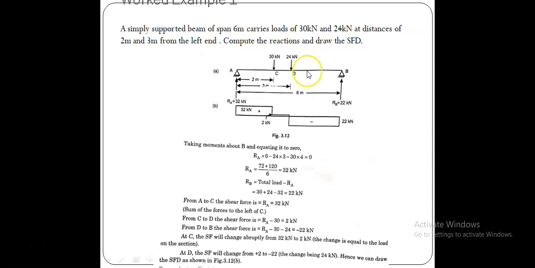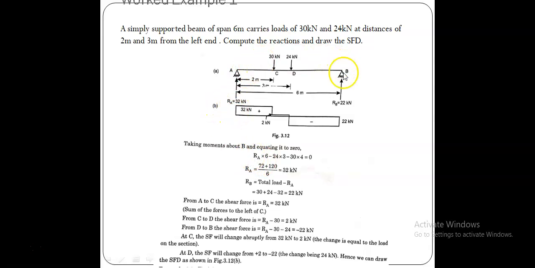Suppose I take this point, sigma M equal to 0. I can write the equilibrium equation sigma M equal to 0 also at support B. So I use sigma M at support B equal to 0, and therefore I write the equation RA into 6 meter with a plus sign, because here I use the positive sign for clockwise moments.